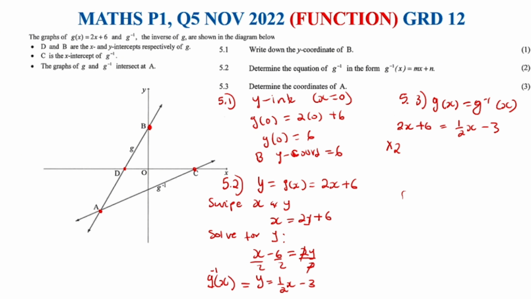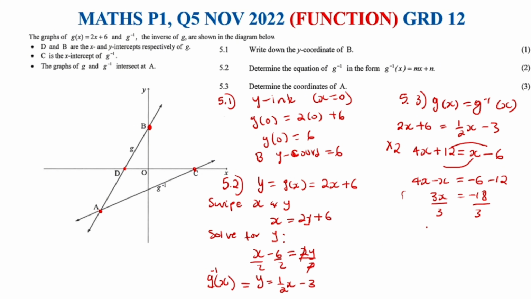When I multiply by 2, this gives us 4x, 2 times 6 gives us 12, 2 times half gives us x, and 2 times -3 gives us -6. I want to take 12 to that side and take x to this side. 4x minus x is going to be equal to -6 minus 12. So you're going to have 3x is equal to -18. Guys, this is just algebra.